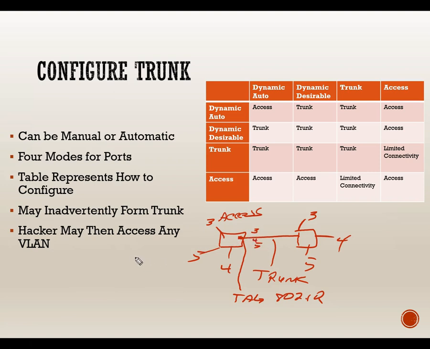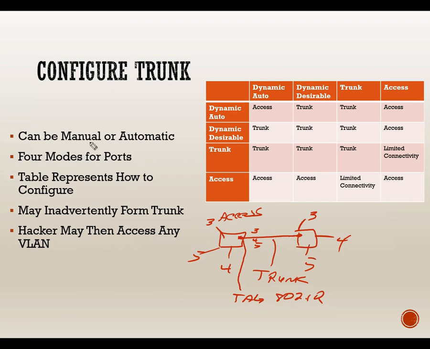VLAN 1, the default VLAN, is also what we'll call the native VLAN, which doesn't have any tags on it. We'll talk about that in a minute, why we don't do that. So as it leaves, it's tagged. As it gets to the other switch, the tag is taken off, and the frames are then sent to the VLAN that they were tagged for.